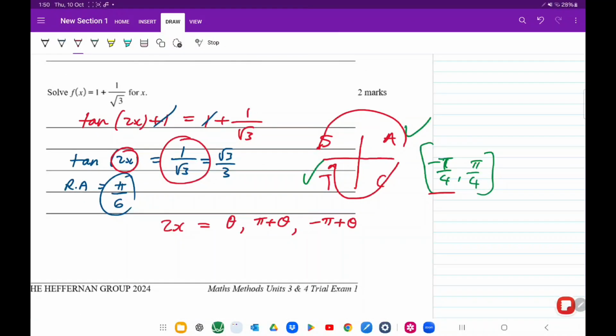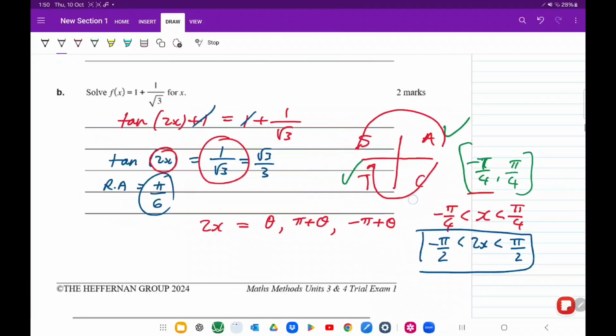Before we evaluate these, let's adjust the domain. 2x means that we now evaluate this at pi on 2 and negative pi on 2, so we only want answers between these domains.